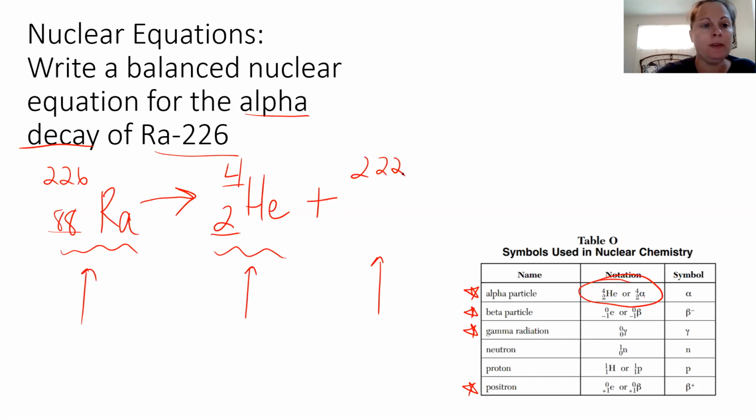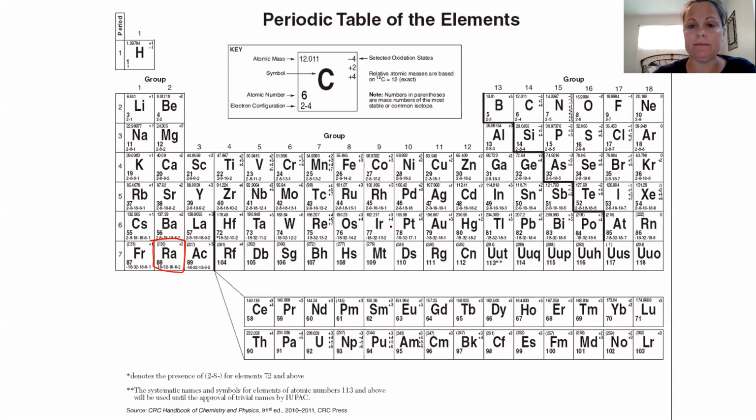How do I know? Because 226 minus 4 is 222. I'm also going to lose 2 from my atomic number. 88 minus 2 is 86. How do I know which element I have now made? It's all in this 86 atomic number. On the periodic table, the element with an atomic number of 86 is radon, Rn.